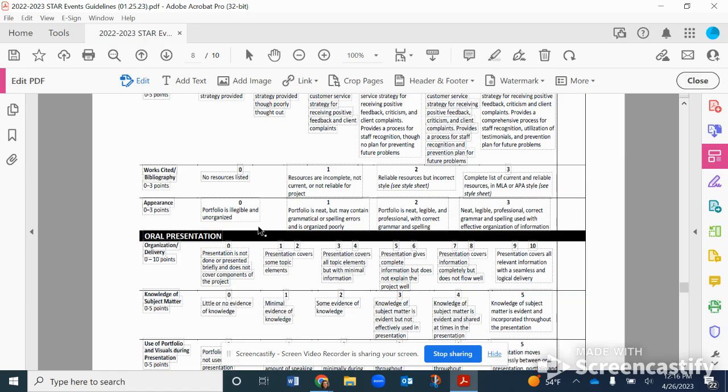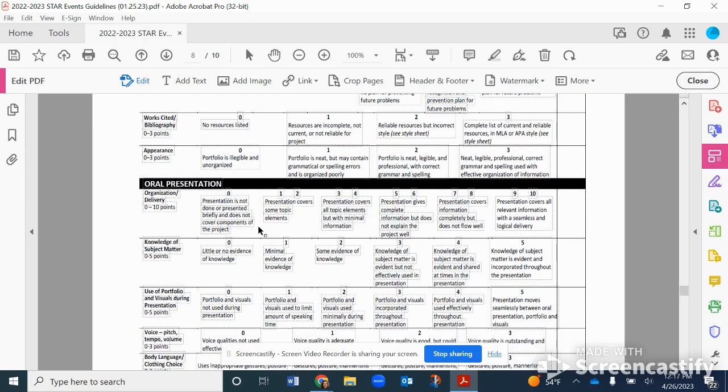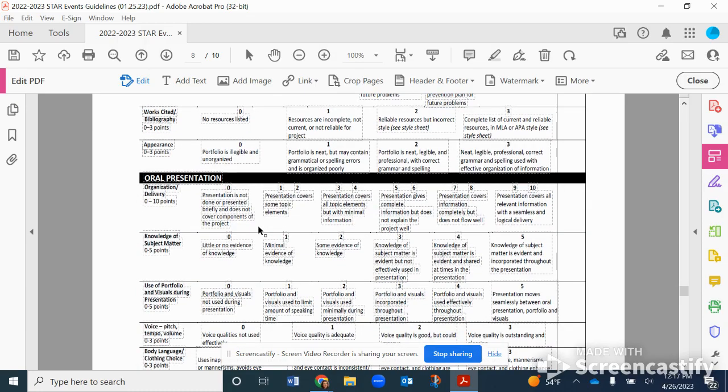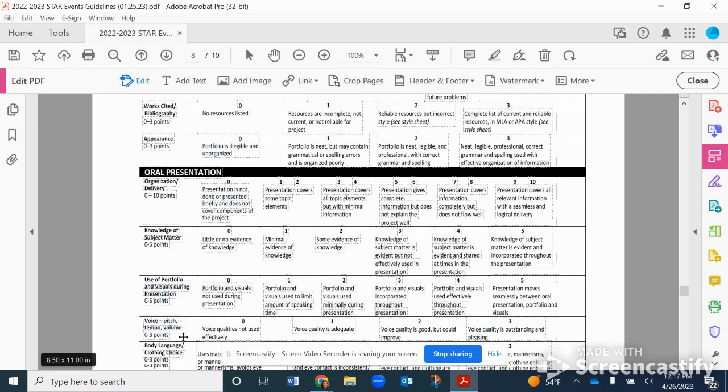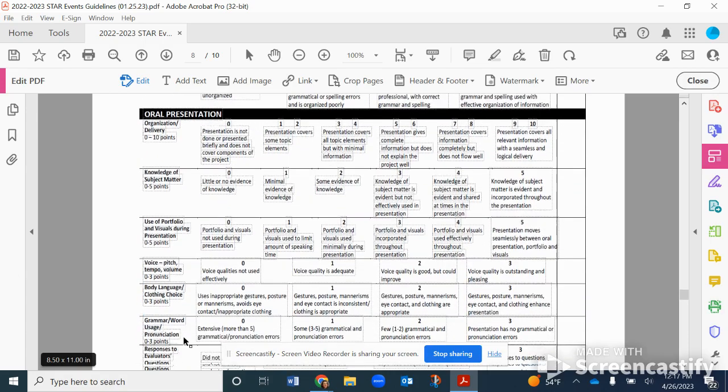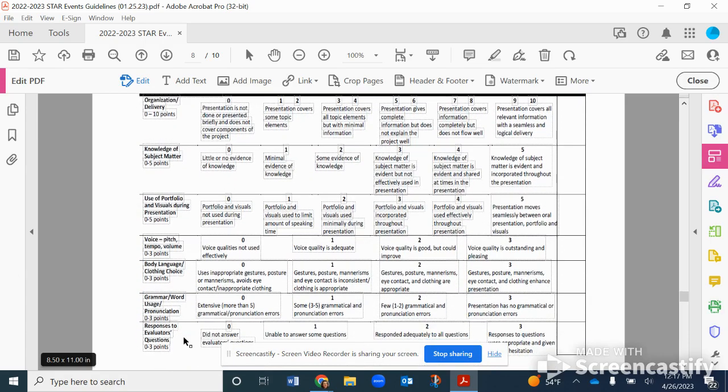Yeah. So looking at all these things, works cited, appearance, organization, delivery, knowledge of subject matter, use of the portfolio, voice, pitch, tempo, volume, body language, clothing choice, grammar and word pronunciation, and responses to evaluators' questions, are there things that you don't even want to worry about assessing at all?